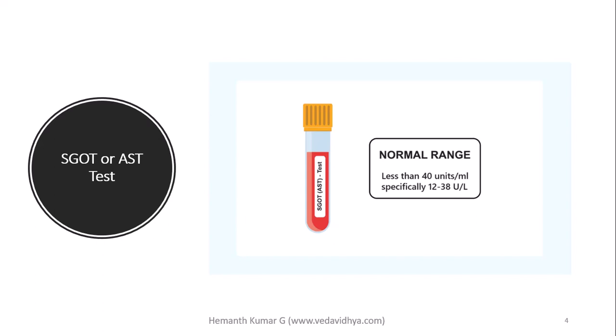It's important to note that while AST is a critical marker for liver health, it's not exclusively liver specific. Elevations in AST levels can also occur due to issues in other organs like the heart or muscles.